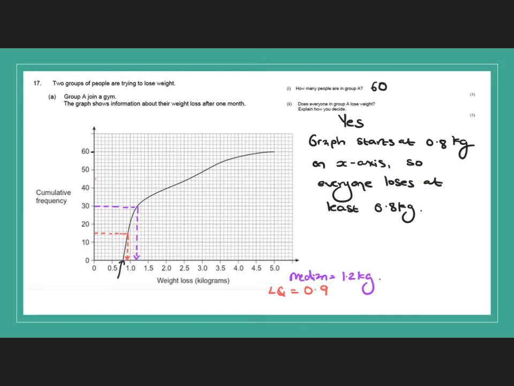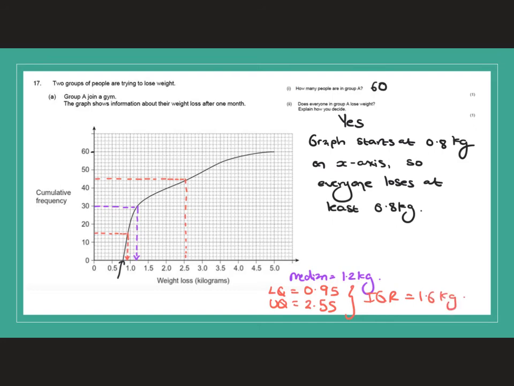And my upper quartile is my 45th value out of 60. So if I again scroll all the way down here, that gives me about 2.55. And my interquartile range is the difference between these two values, and that comes to an answer of 1.6 kilograms.